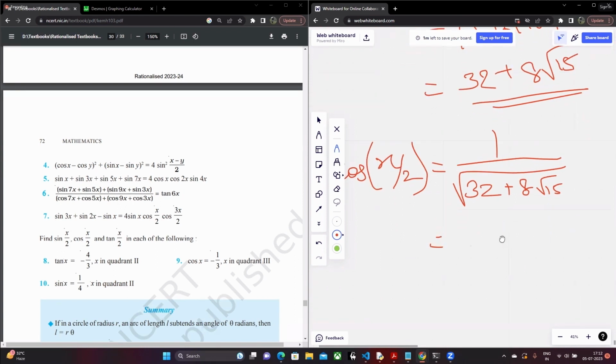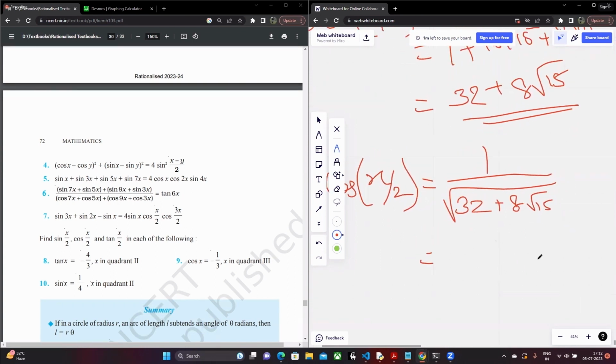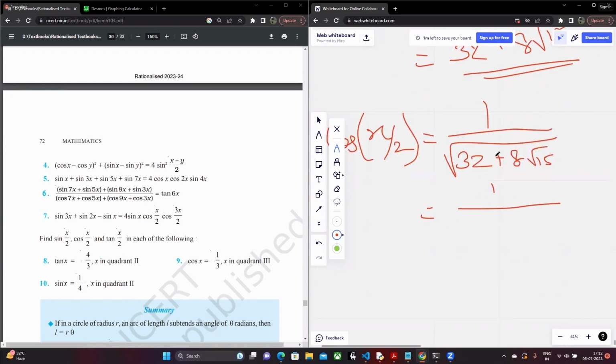Right. Which is basically 1 divided by, if I take 4 outside, this is going to be 4 into, this is 8 plus 2 root 50, right? So I'll just make this as 2 root of 8 plus 2 root 50.